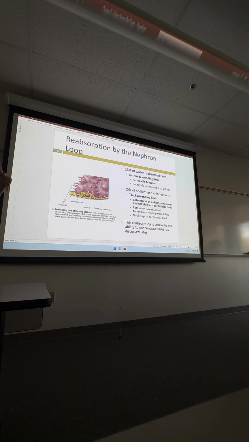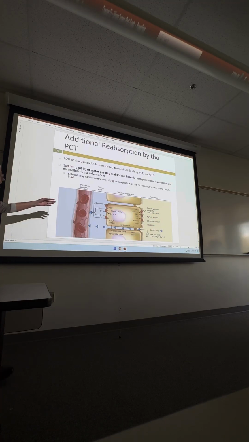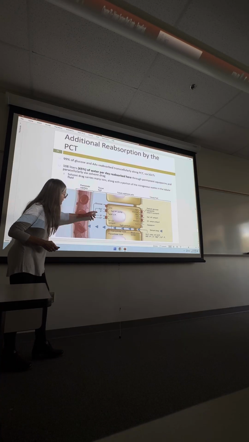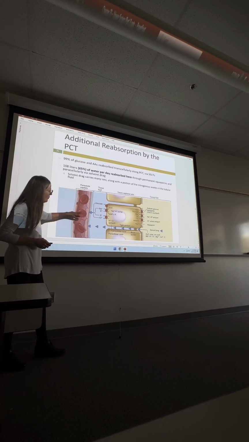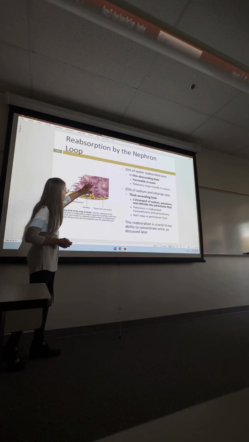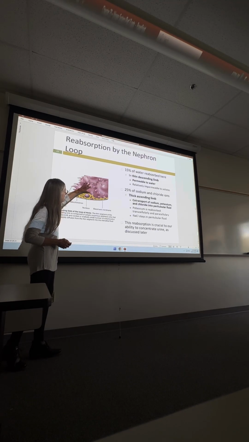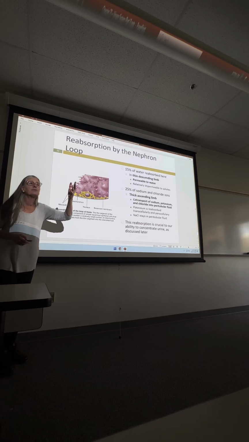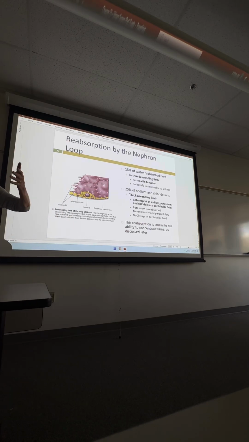And when sodium and chloride are reabsorbed from the tubular fluid into the tissue fluid, what are they going to draw with them? Water back into the blood. And it happens because the water on the thin descending is following the sodium and chloride that's being pumped back into the tissue fluid and the blood via the thick ascending part of the loop.